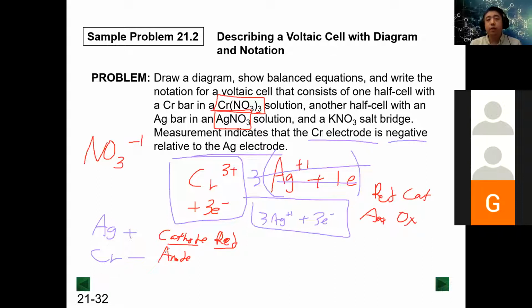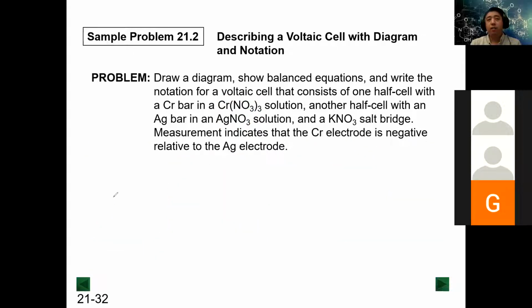So if the anode is the one that's negative, that means this is undergoing oxidation. All right. Any questions up to this part? This is just our setup so far. I'm going to go ahead and clear the screen real quick. If it is undergoing reduction, where should the electrons be? Left side or right side?